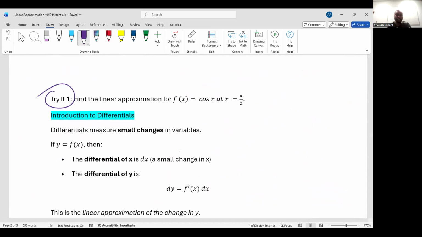So you can pause this video, find the linear approximation for f of x equals cosine of x at x equals pi over 2.